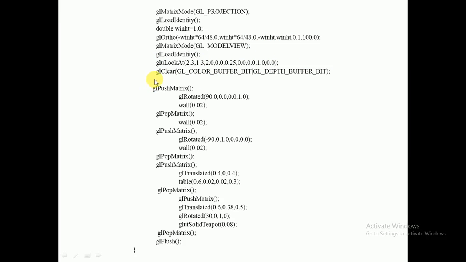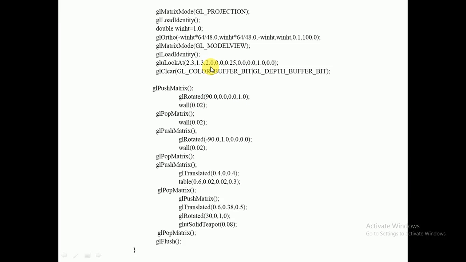Right? Then glClear with color buffer and depth buffer. You clear all the previous content of these two buffers because I want these two buffers. Then the other tool, glPushMatrix. Then I will push the matrix. Wherever I was, I will push this one, 2.3, 1.0, 1.3, 2.0, that value I will push, right?